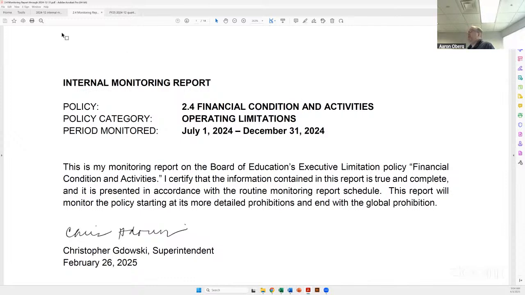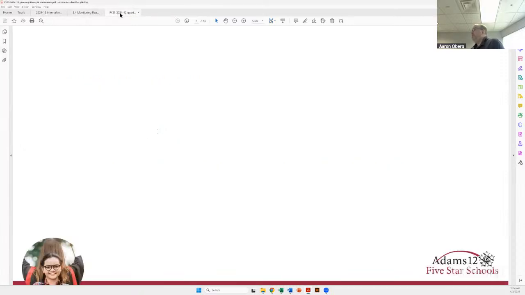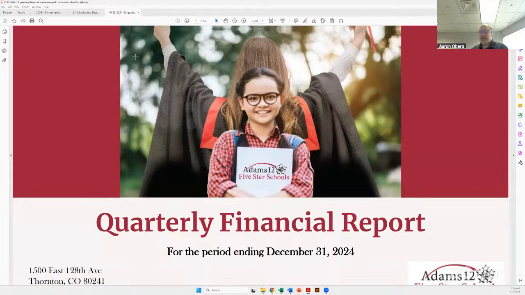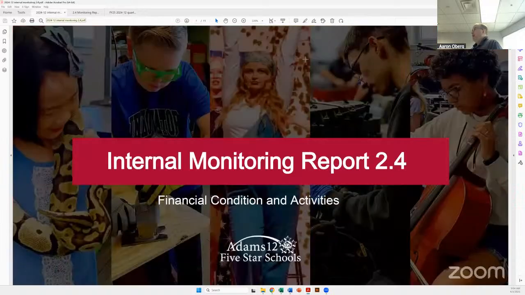There's different parts of the monitoring report that also fall into play, and one of those is that we also provide the financial statements. We do financial statements as statutorily required on a quarterly basis to be presented to the board, and then give an overall presentation as well.